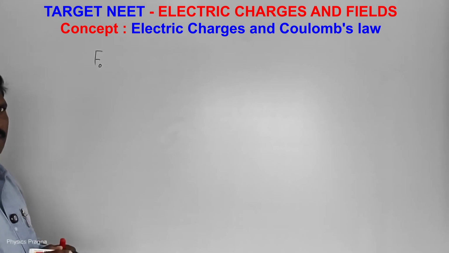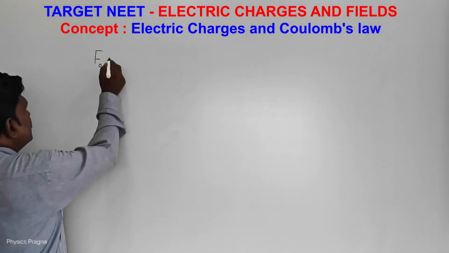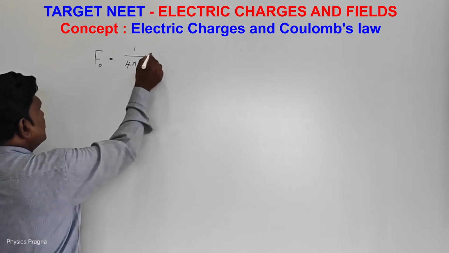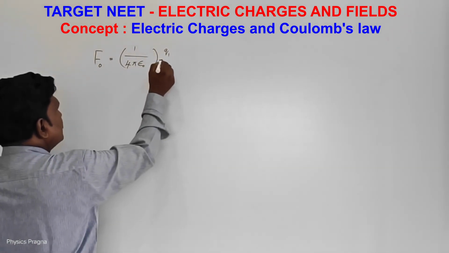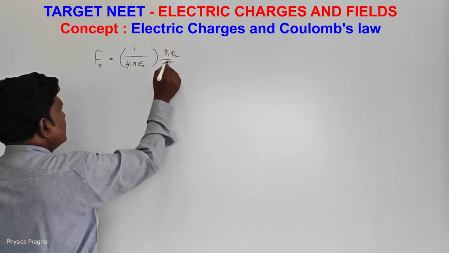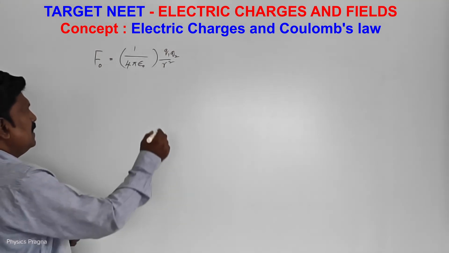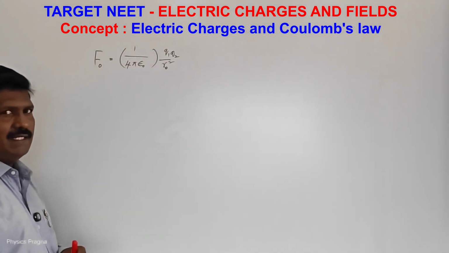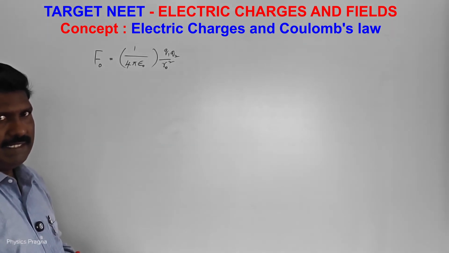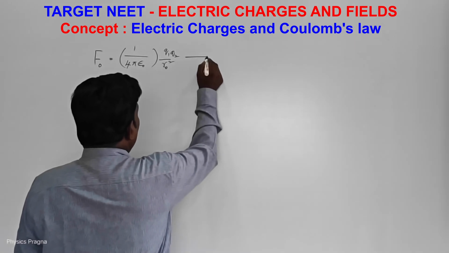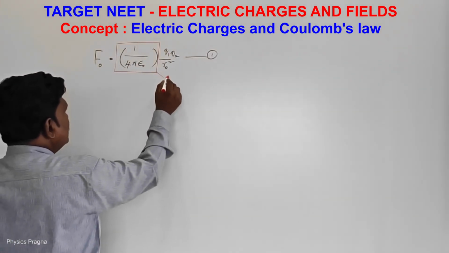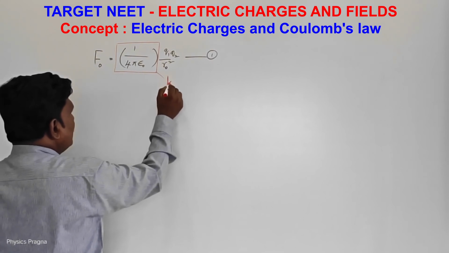F naught means between the charges vacuum or air is there. Then the formula is 1 by 4 pi epsilon naught Q1 Q2 by R square. This R I also give a symbol R naught, that means the distance between the charges when vacuum or air is there between them. So this is equation 1. This value 1 by 4 pi epsilon naught, we give a symbol for this value, small k.